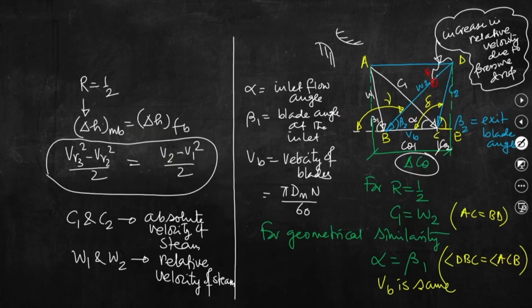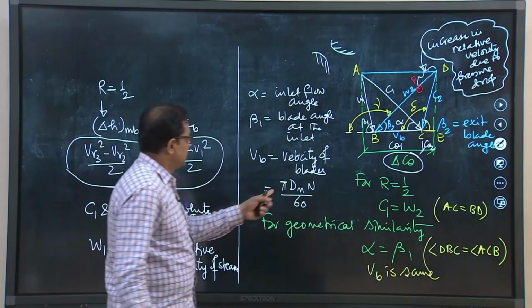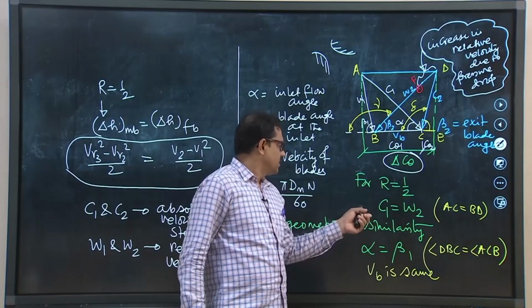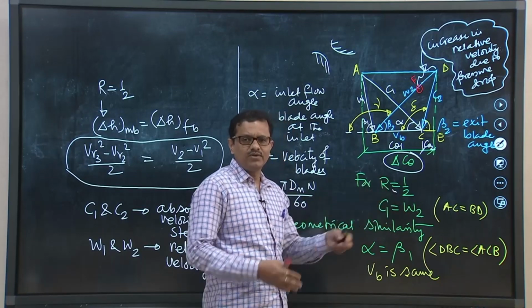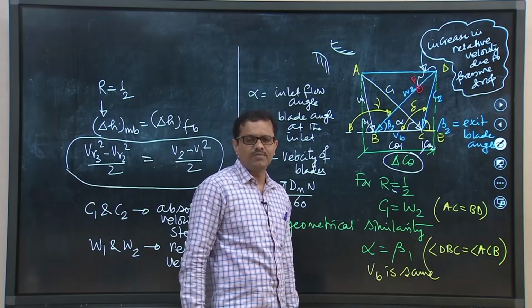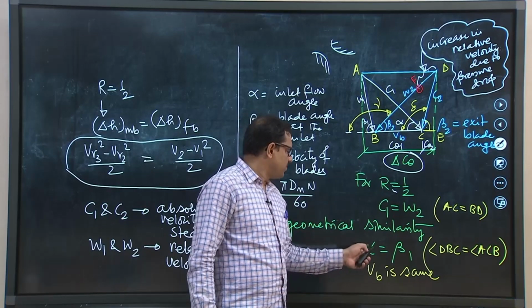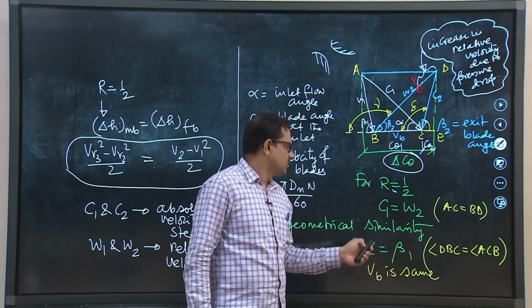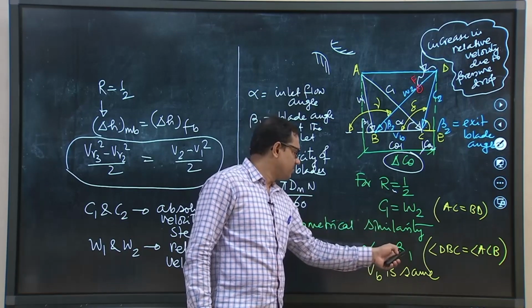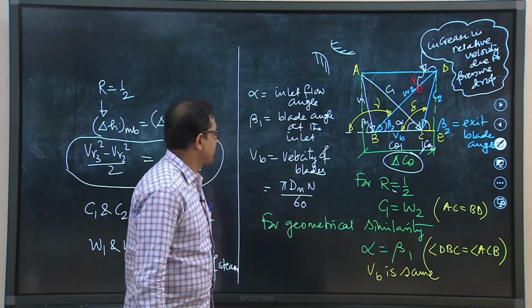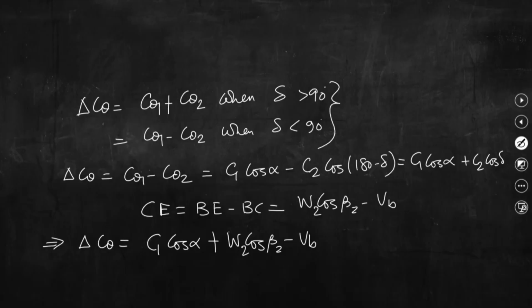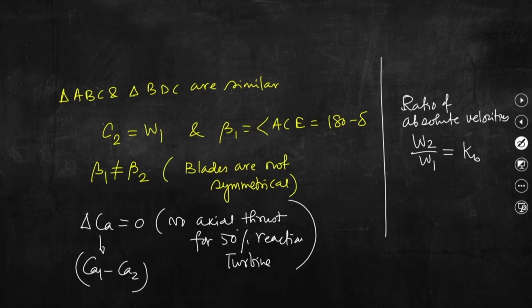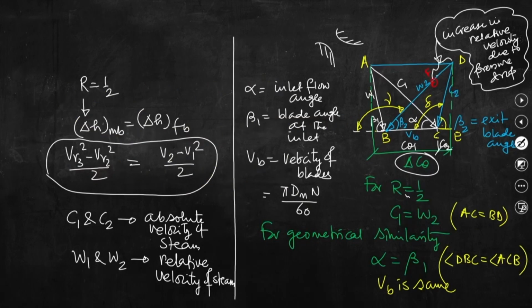Now, see, we have discussed in the beginning that W 2 equal to C 1 for R equal to half, that you will be getting if you equate the enthalpy drop across the moving blade and the enthalpy drop across the fixed blades, and beta 1 equal to alpha because of the geometric similarity. So, that means W 2 equal to C 1 and beta 1 equal to alpha, right. So, basically what we can write is that beta 2 equal to alpha.